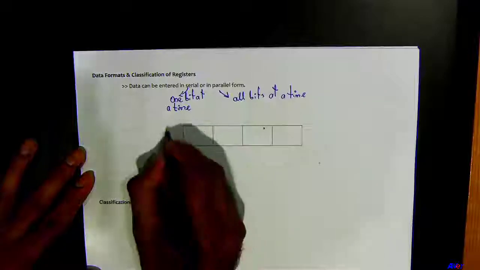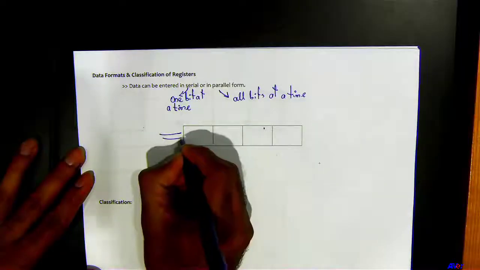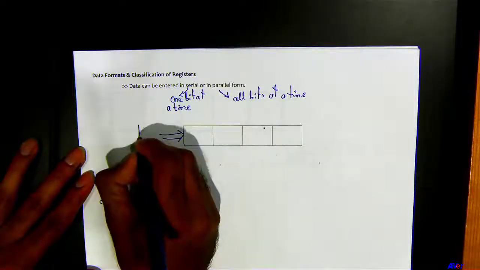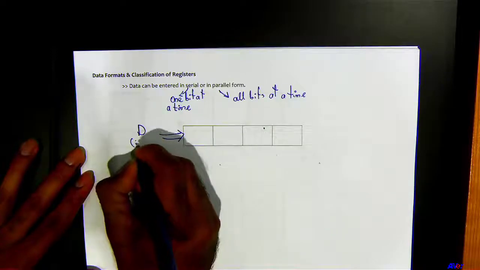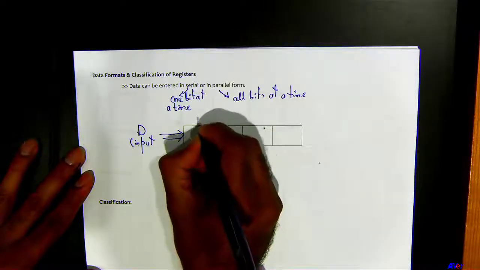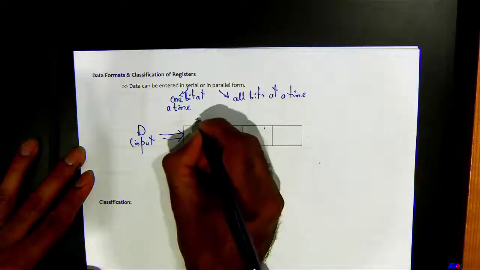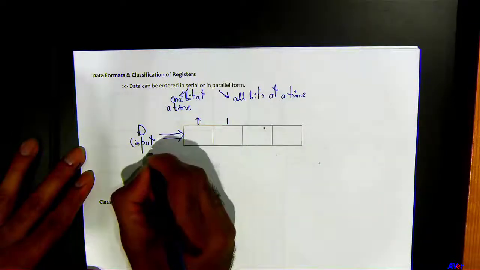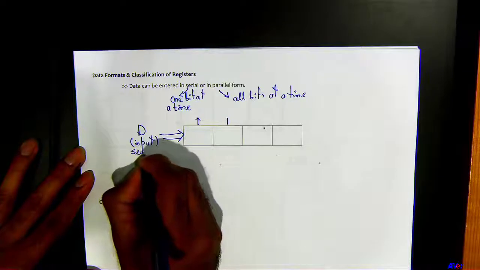So again, a block diagram representation could be something like this. You got D in here as an input. This was the serial input.